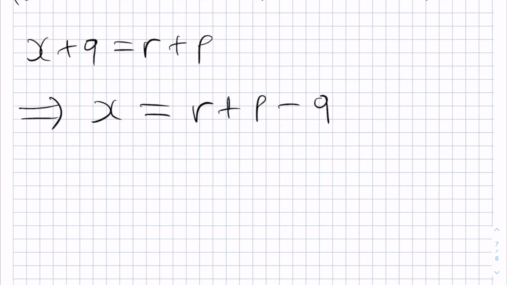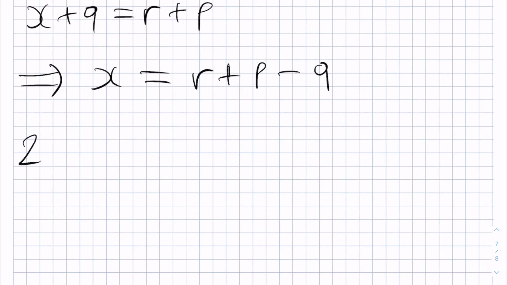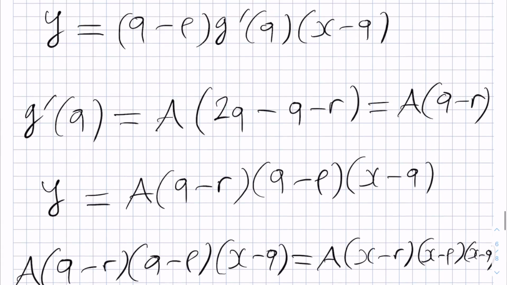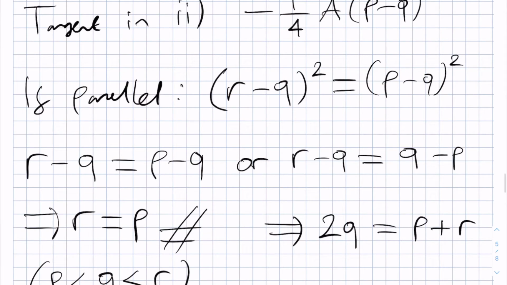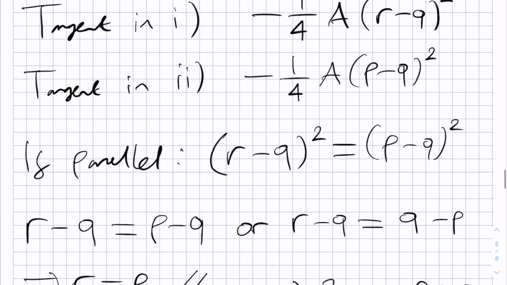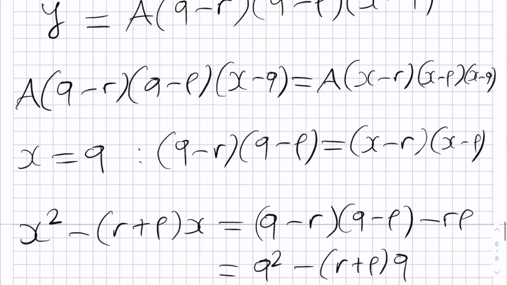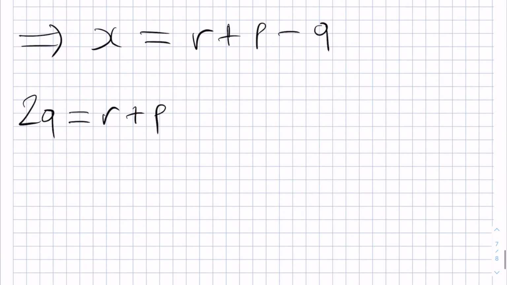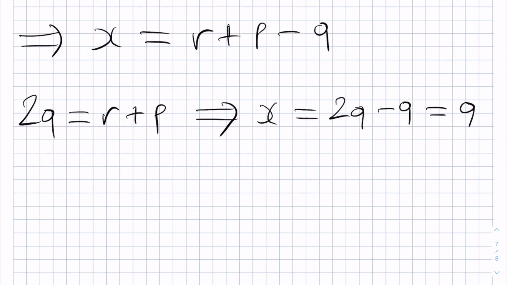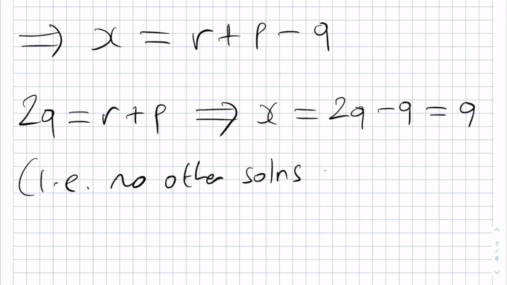Well, if we have that 2q is equal to r plus p, which is the condition that we got up here from assuming that the tangents were parallel, well, what happens in this situation? r plus p minus q is 2q minus q, which is just q, i.e. there are no other solutions other than x equals q.